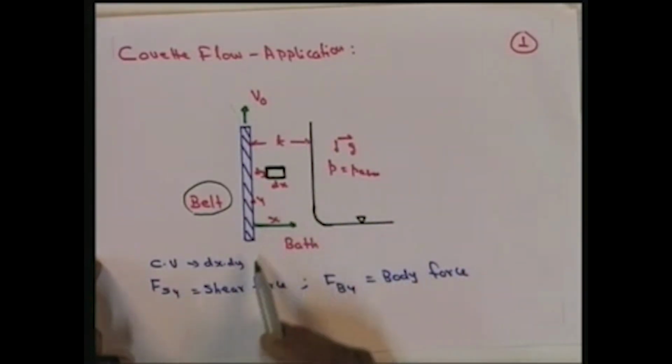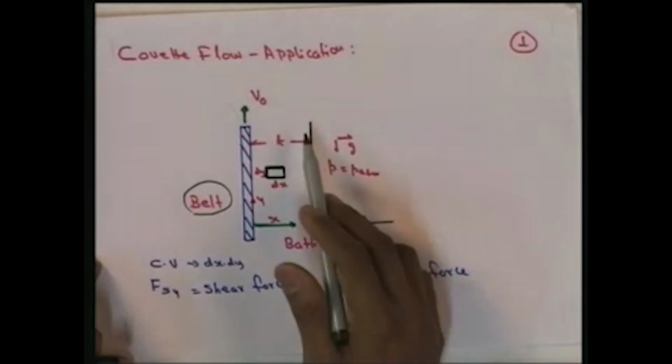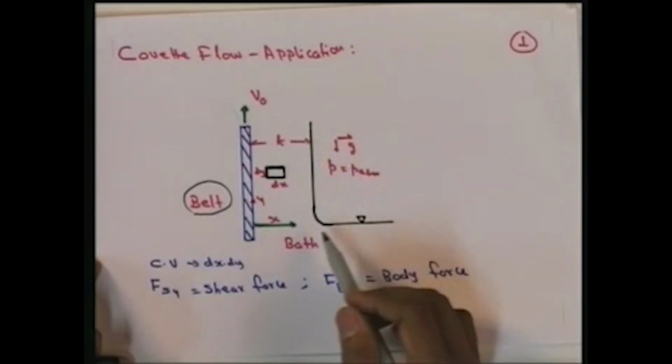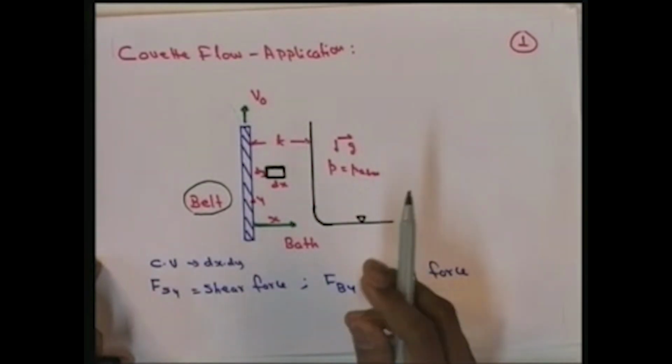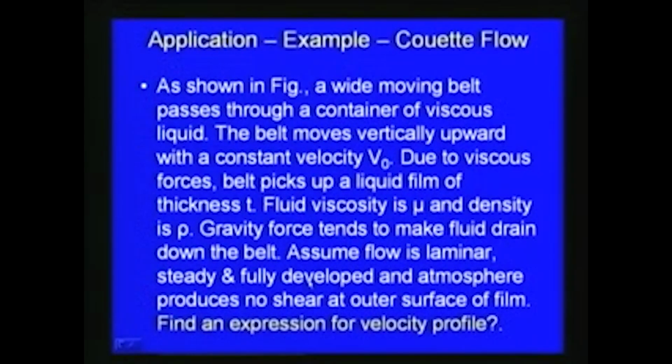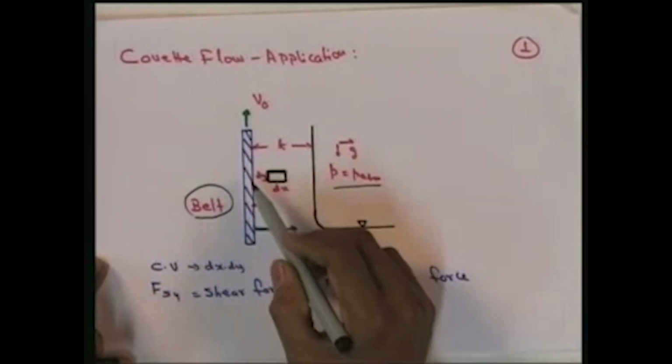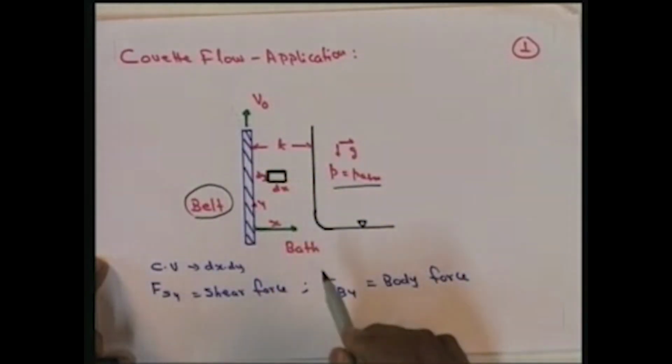Since the belt is moving, it will carry some liquid with it, and we want to find an expression for the velocity. As described in the problem, the assumptions are that the flow is laminar, steady and fully developed, and the atmosphere produces no shear at the outer surface of the film. Here is the atmosphere, and the belt is moving up.